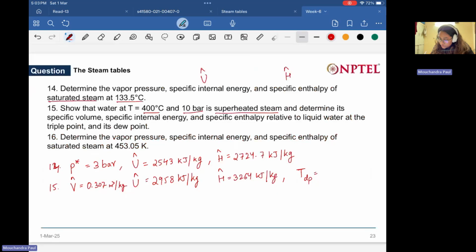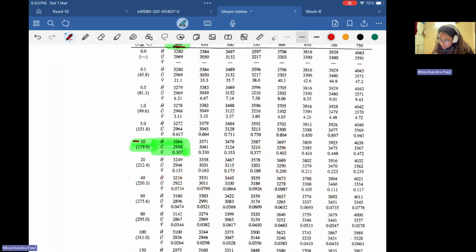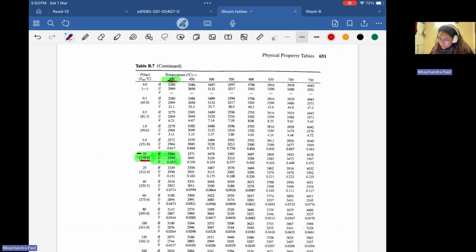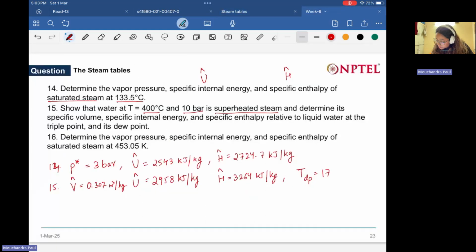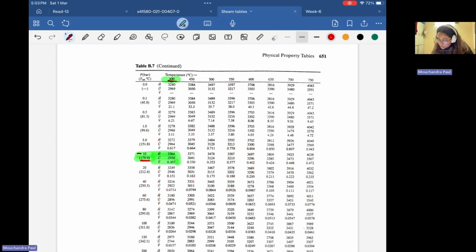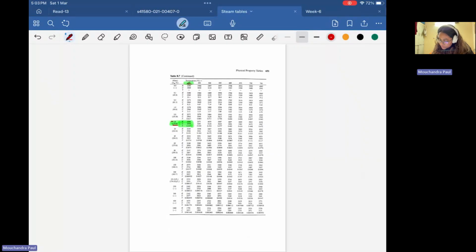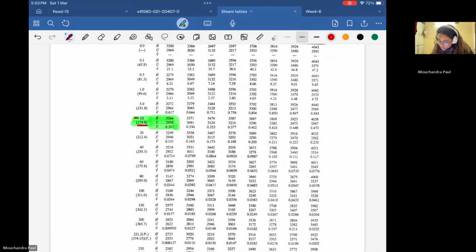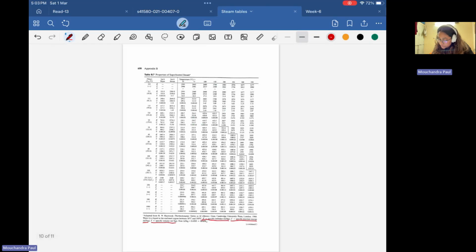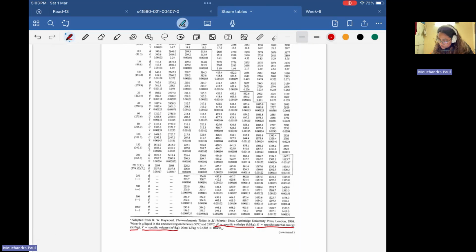Now what is the dew point? You can see the dew point is 179.9 degrees Celsius. Now you can see this particular value does not lie in this particular enclosed region.